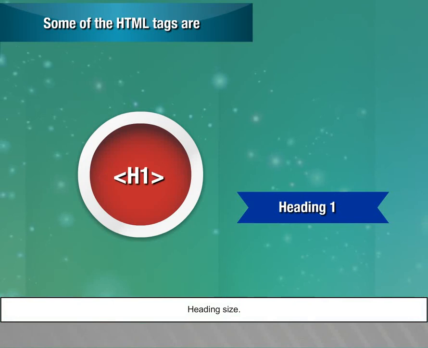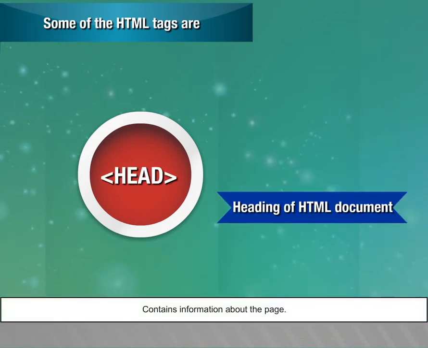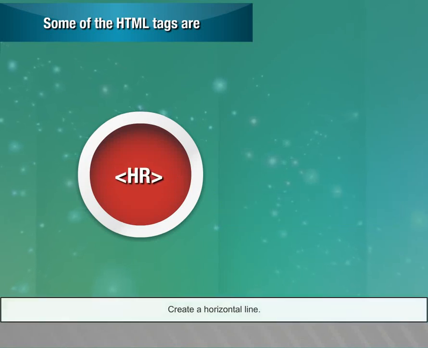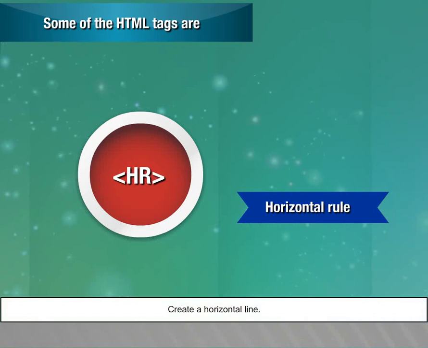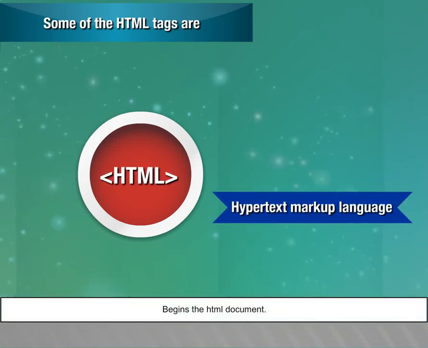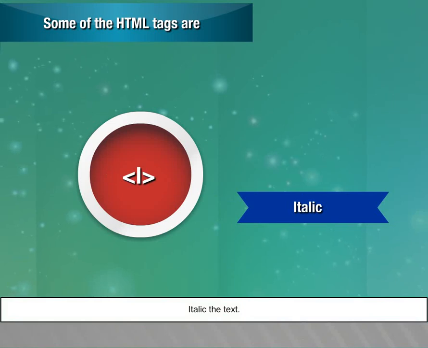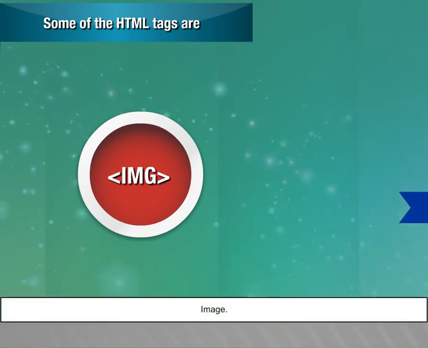H1, heading 1, heading size. Head, heading of the HTML document, contains information about the page. HR, horizontal rule, creates a horizontal line. HTML, hypertext markup language, begins the HTML document. I, italic the text. IMG, image.